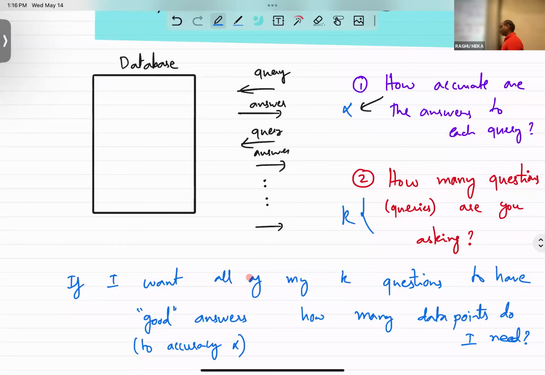If I want to make K questions and to accuracy alpha, how many data points do I need? Okay, this is well understood in statistics and so on.